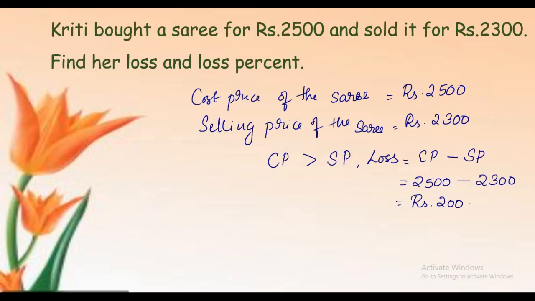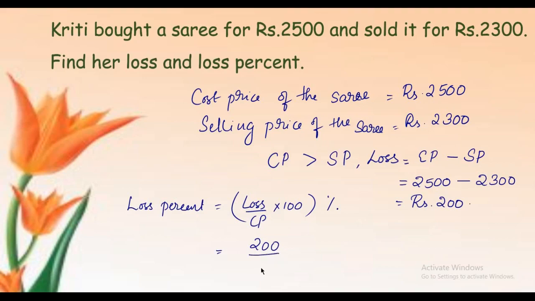To find the loss percentage, we have the formula: loss percent is equal to loss by CP into 100 percentage. We can substitute the values for loss and CP. Here Kriti had a loss of 200 rupees. The cost price of the sari is 2500 into 100 percentage.